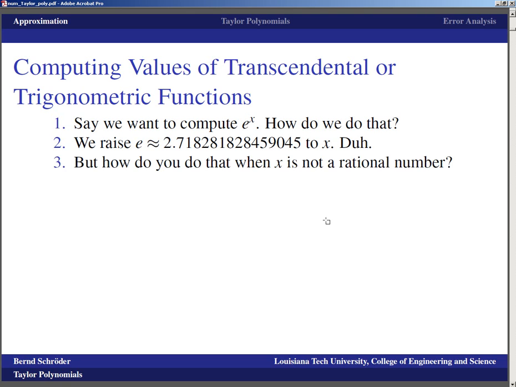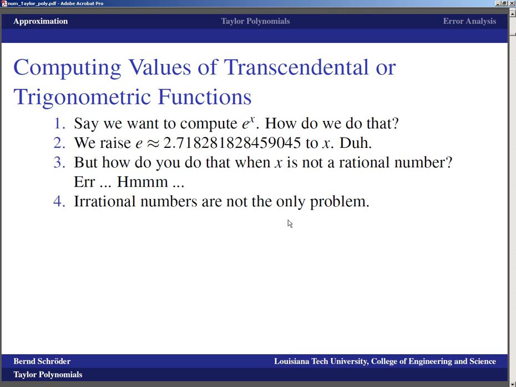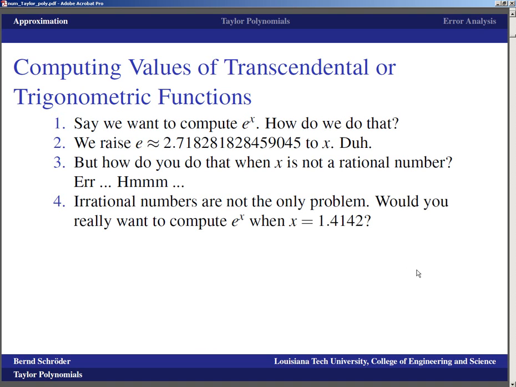Well, how do you do that when x is not a rational number? That's actually a question that even if you're really, really good with numbers, you can't answer unless you've got a lot of really, really deep theory, and we're not going to bother with that too much. And the other thing that we have to realize is that from a practical point of view, irrational numbers really aren't the only problem, because, for example, would you really want to compute e to the x when x is 1.4142, right?